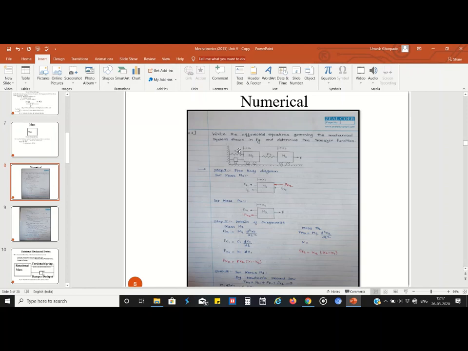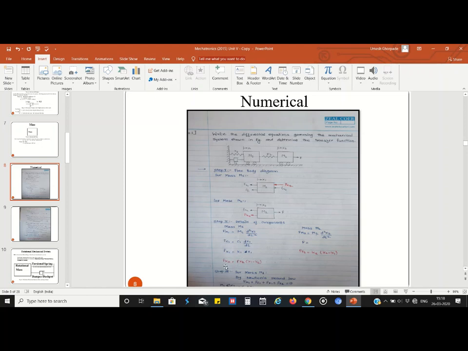Another is the damper connected to the ground and mass m1, so Fc1, c1 is the coefficient into velocity, and velocity is the rate of change of displacement upon time, so dx1 upon dt. Fk1, the spring is connected to ground and mass, so it is only k1 into x1.